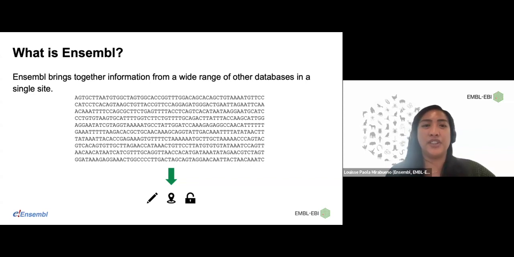These are two other genome browsers. They have their own annotation pipelines, so some of the annotation may differ. And I also want to emphasize that Ensembl doesn't do its own sequencing. We simply take publicly available sequencing data and we use our own pipeline to annotate the genomic data.